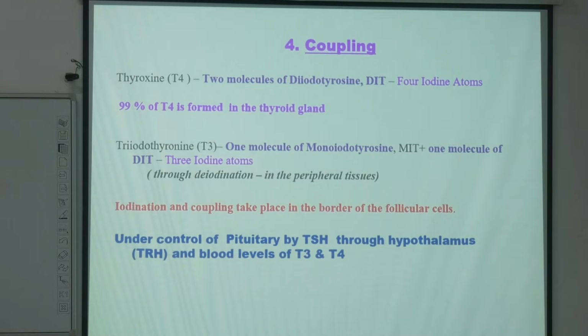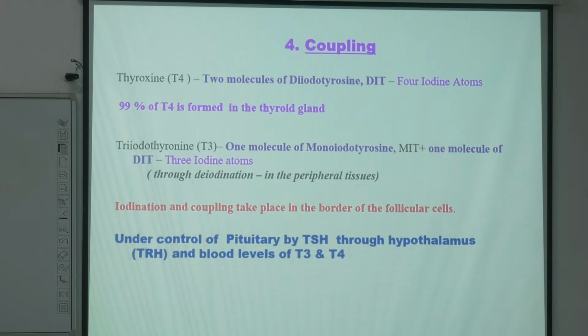In contrast, only 20% of triiodothyronine is produced by the thyroid, and the rest, 80%, comes from peripheral conversion of T4 to T3. So, I repeat, try to remember: 100% of thyroxine is produced by the thyroid gland, while 80% of triiodothyronine is produced by peripheral tissue through deiodination reactions from T4, and 20% of triiodothyronine is formed in the thyroid gland.